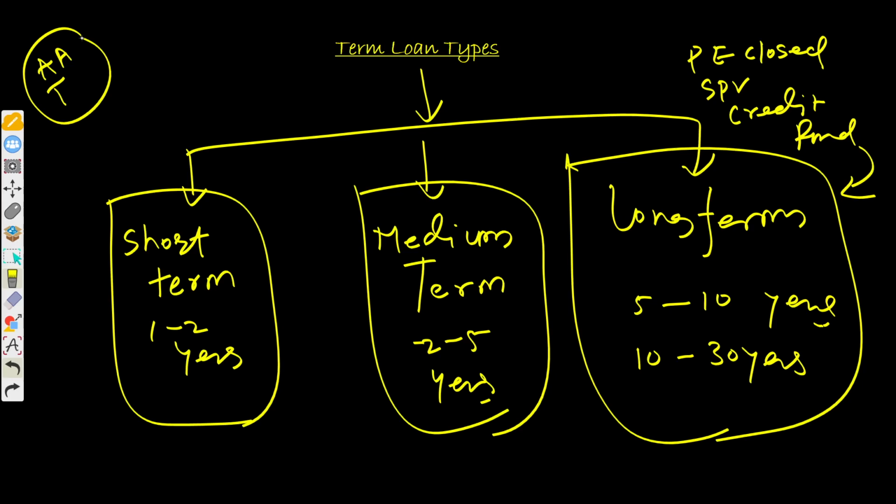Now I'll ask one question so that you can try to post your answer in the comment section: where do these term loans trade, in which market, and what are those markets? You can try to search this question on Google as well, and then post your answer in the comment section.